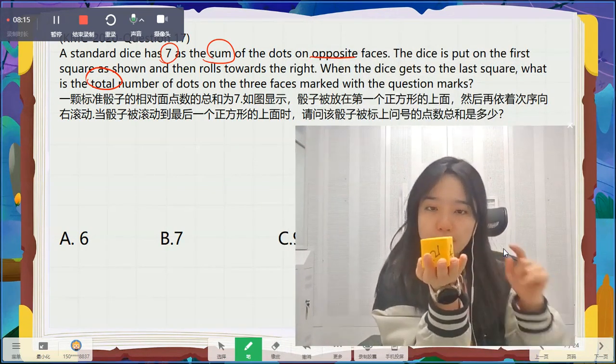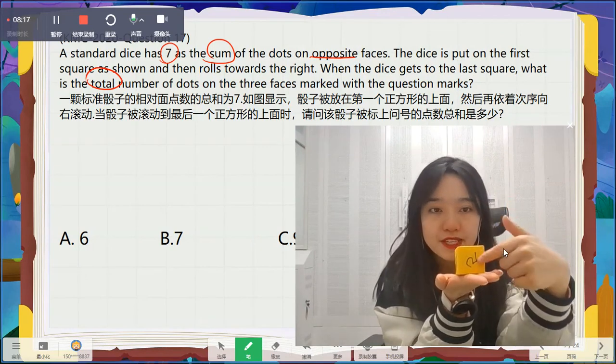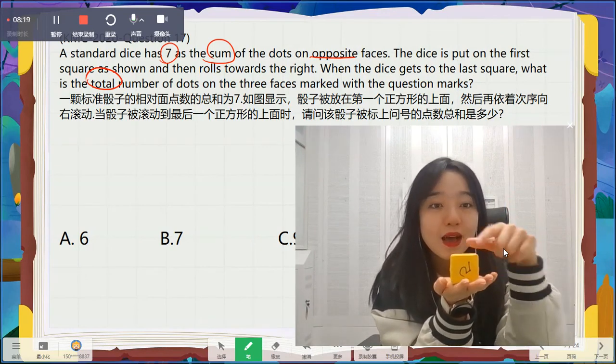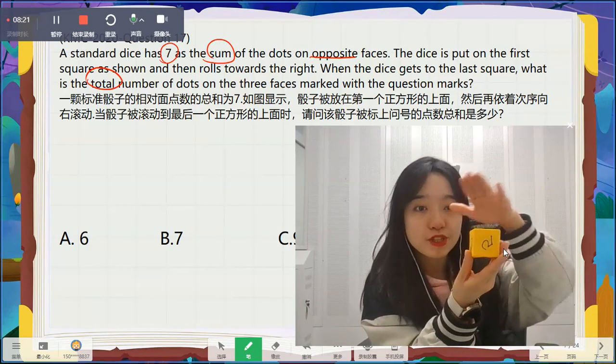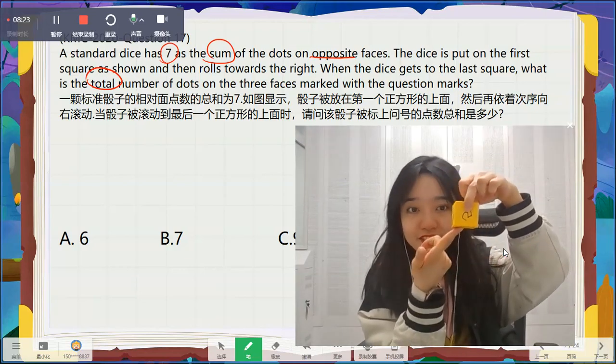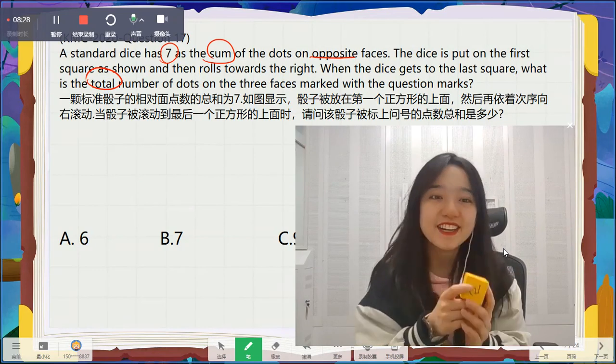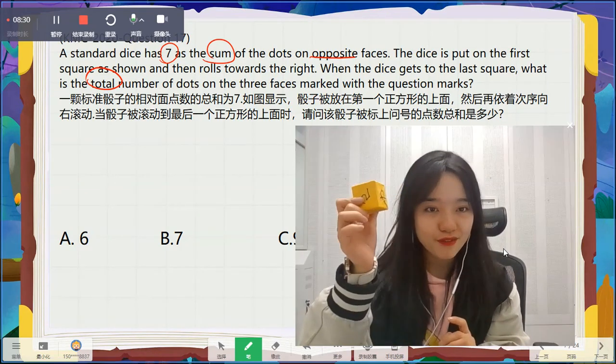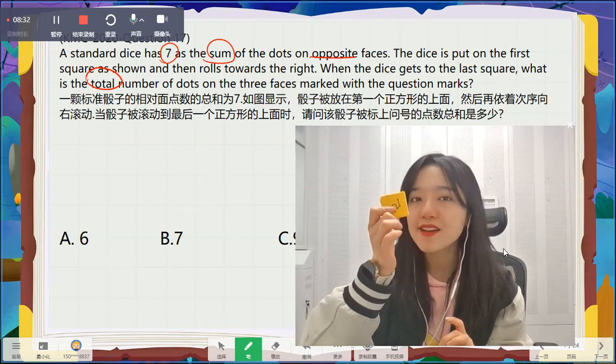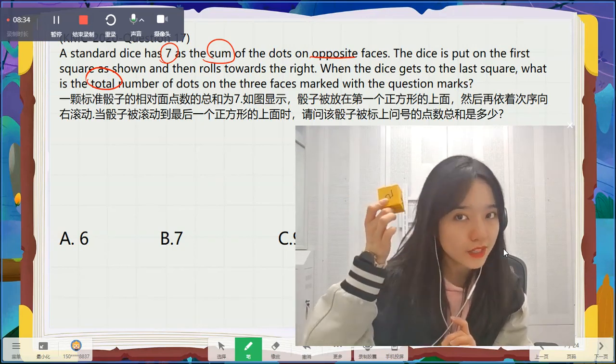Perfect. Opposite means which is opposite to the front face, back, which is opposite to top, bottom, which is opposite to left, right. Okay, so in this way we can find there are 3 pairs of opposite faces in one cube.